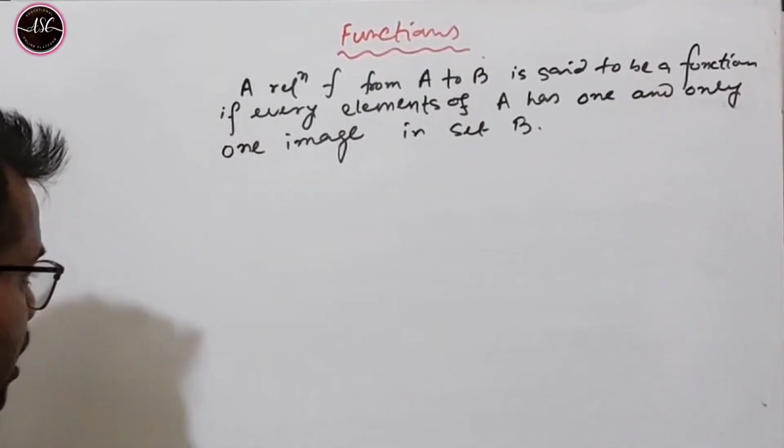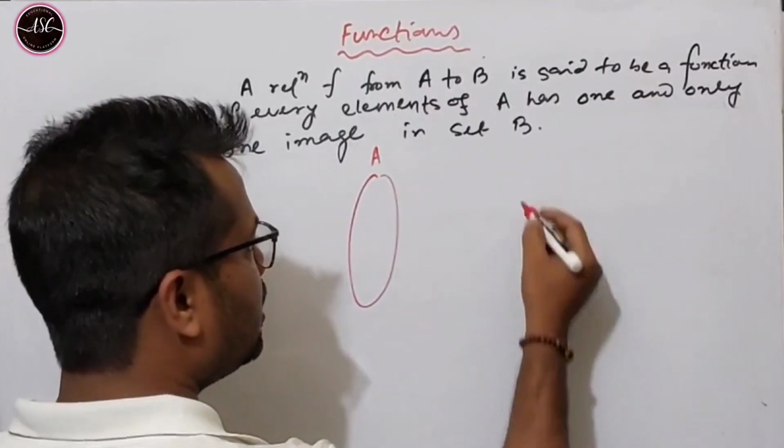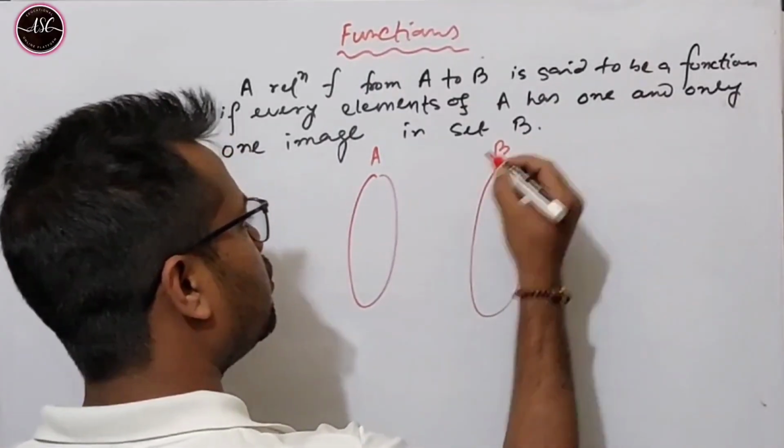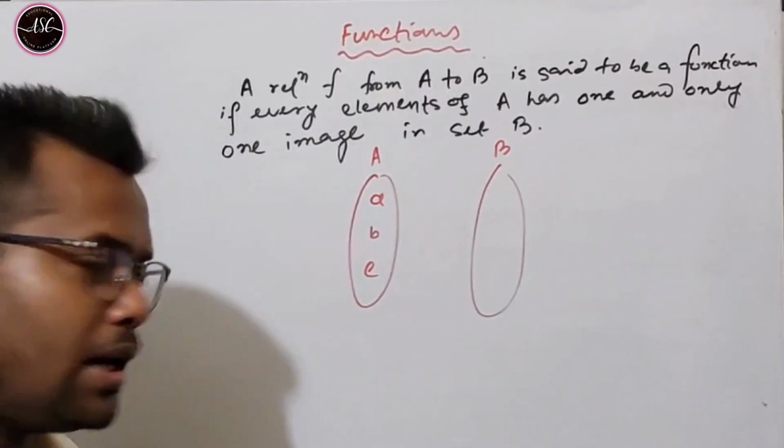Okay, let A be a non-empty set and this be the non-empty set B. Here A, B, C, three elements exist.